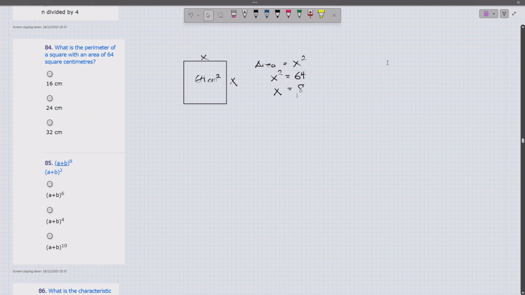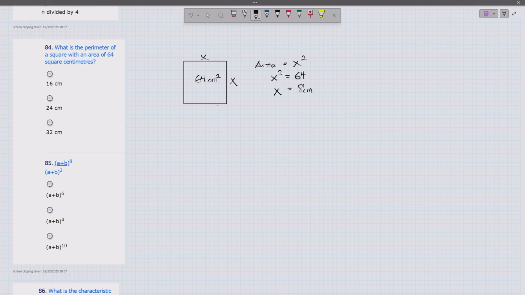Question 84. What is the perimeter of a square with an area of 64 square centimeters? So area is 64 and the area of a square equals x squared per the diagram. So x squared equals 64. So therefore x will be 8 centimeters. So one side is 8 centimeters.